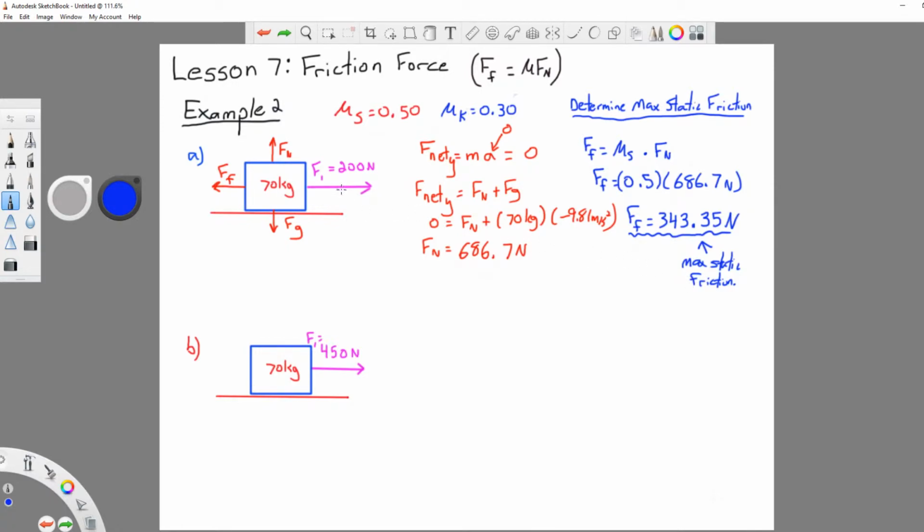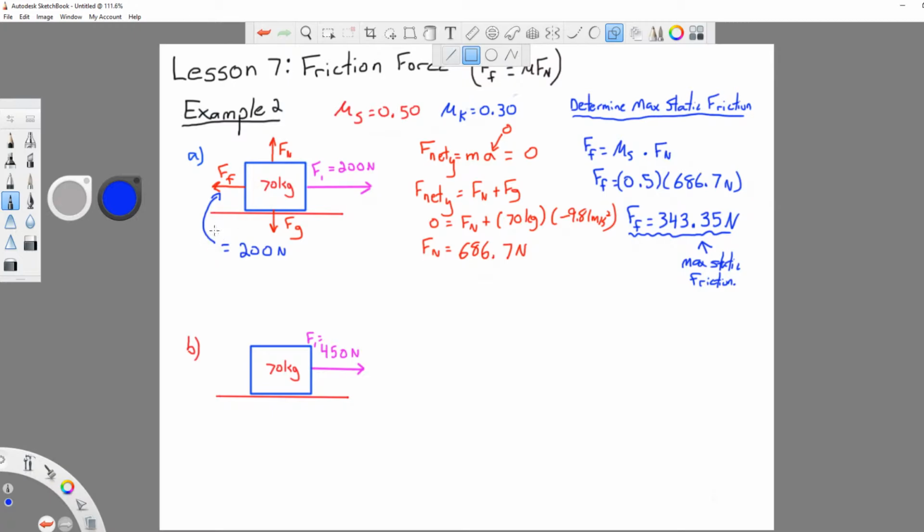So really, since this block doesn't move, we're going to say that this force of friction value right here is going to make, since it's not moving, our F net x 0. Therefore, force of friction is going to equal 200 newtons. It's going to match that strength that we pull it with.